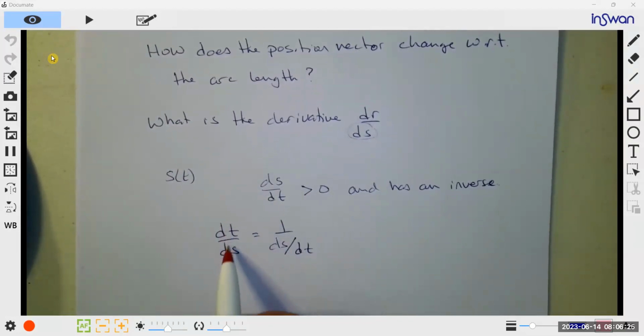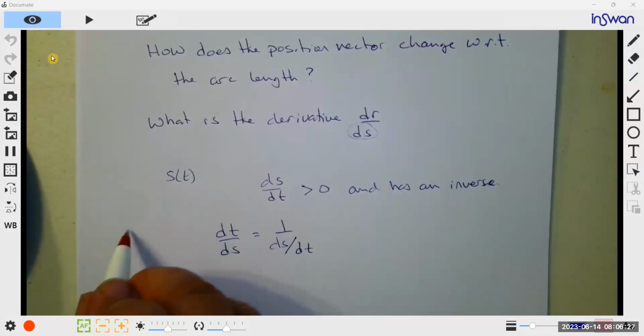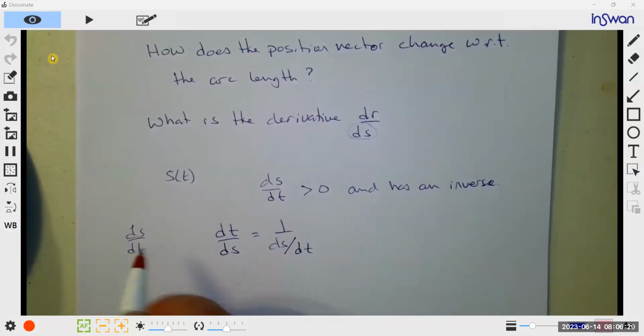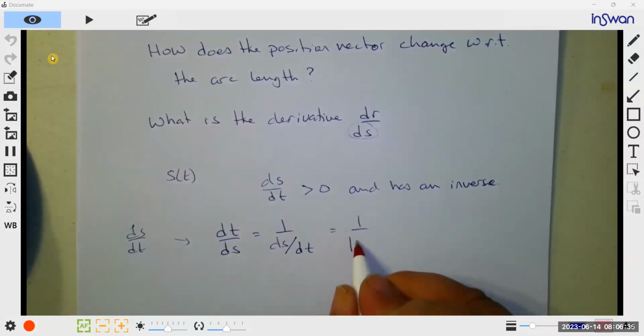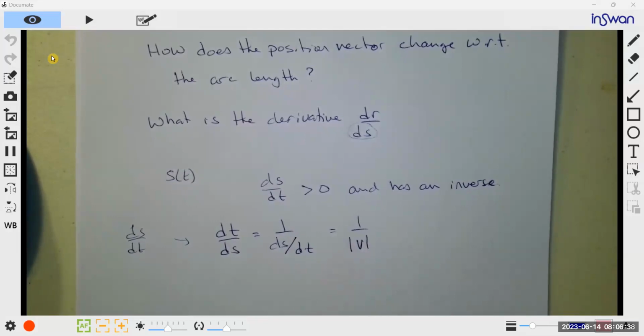So the inverse of ds dt is dt ds, which is really 1 over ds dt, which is 1 over the magnitude of v.